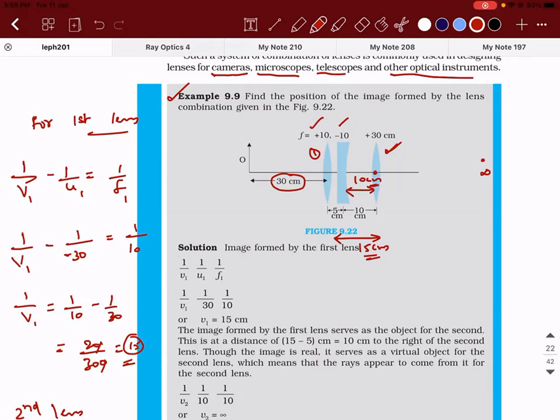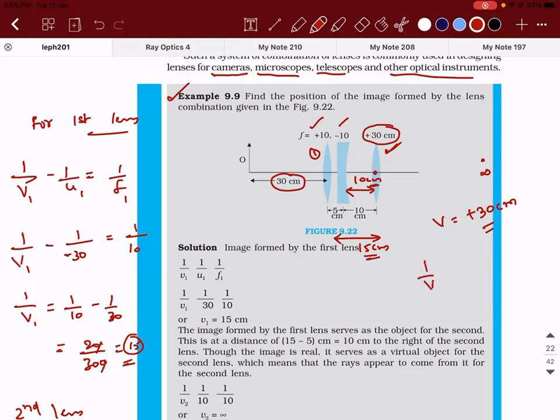So when an object is placed at infinity, where is the image formed? This is a known theory. Object is kept at infinity means rays are parallel to the principal axis. So the image will be formed at the focal point of the third lens. So the final image is formed at plus 30 centimeter.